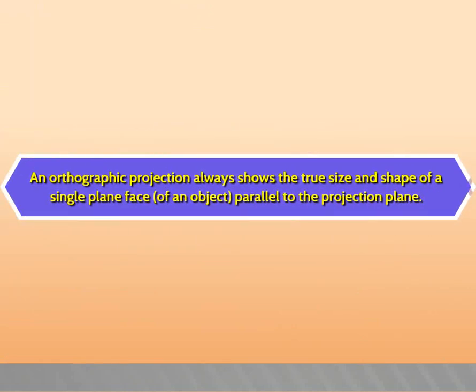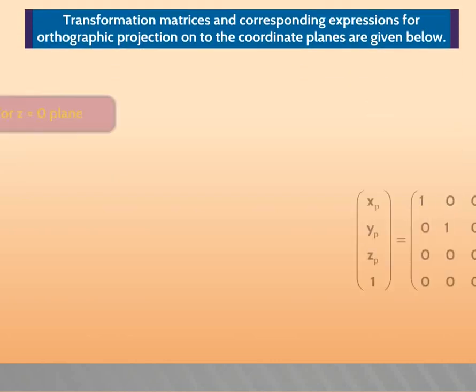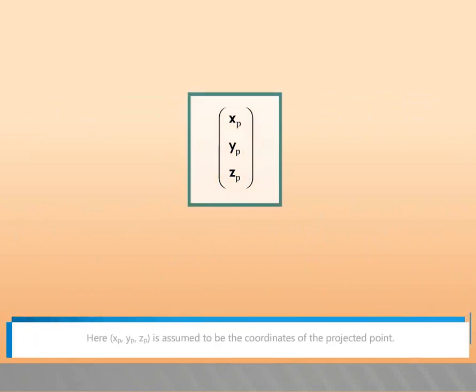An orthographic projection always shows the true size and shape of a single plane face of an object parallel to the projection plane. Transformation matrices and corresponding expressions for orthographic projection onto the coordinate planes are given below: for the z = 0 plane, for the y = 0 plane, for the x = 0 plane.